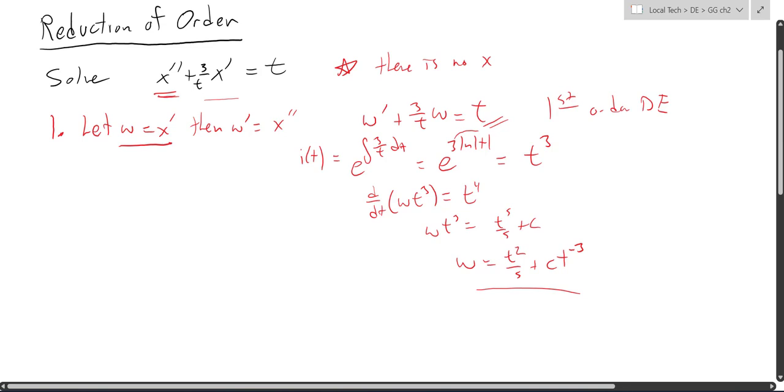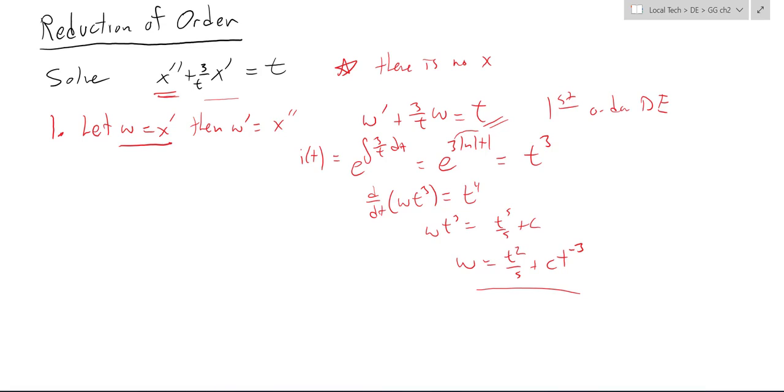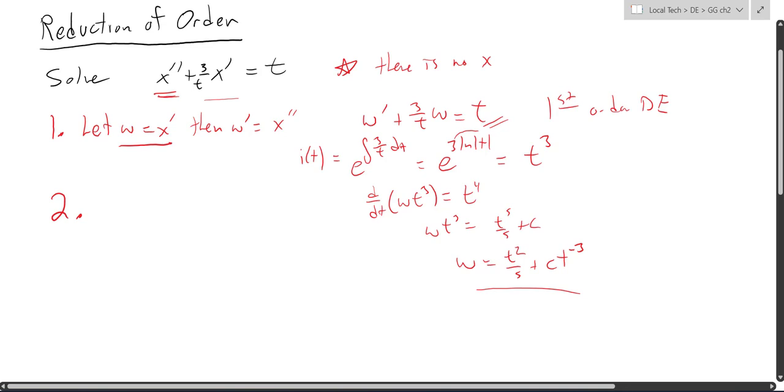Now I have the value for w, and step 2 is to calculate my missing value of x that I was trying to find. x is really equal to the integral of w with respect to t. Once again, since w is x prime, x must be equal to the integral of w. And so now I can integrate my solution, t squared over 5 plus some constant times t to the negative 3 power.